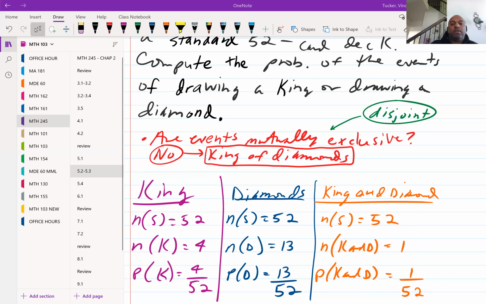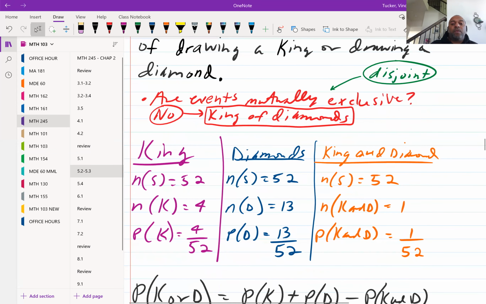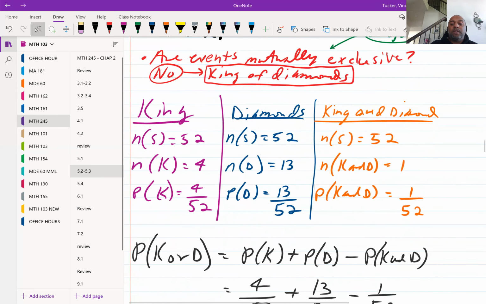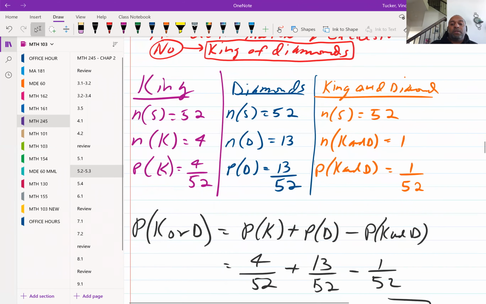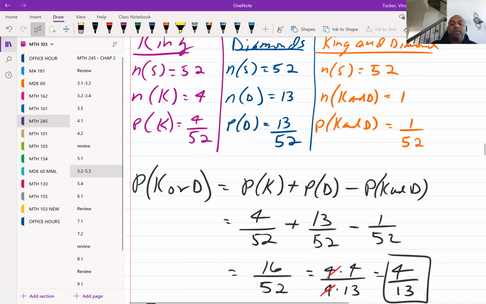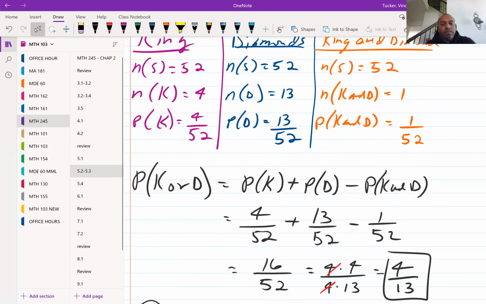All right, scrolling up. Once you have your 3 pieces, you place them in the formula. 4 over 52 plus 13 over 52 minus 1 over 52 gives us 16 over 52. And then notice we can reduce it.